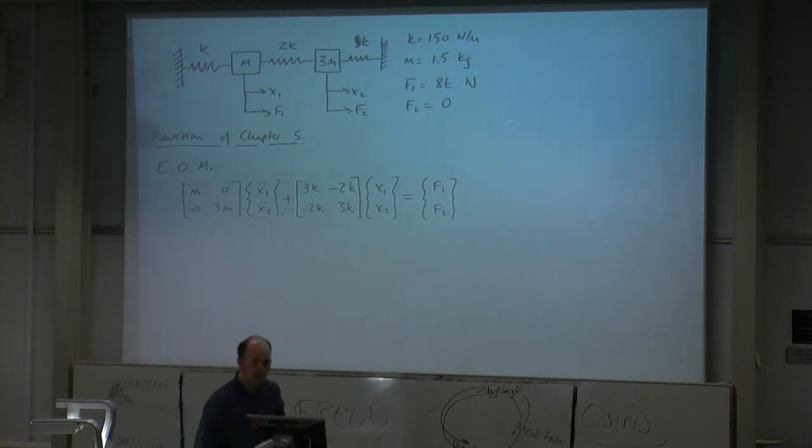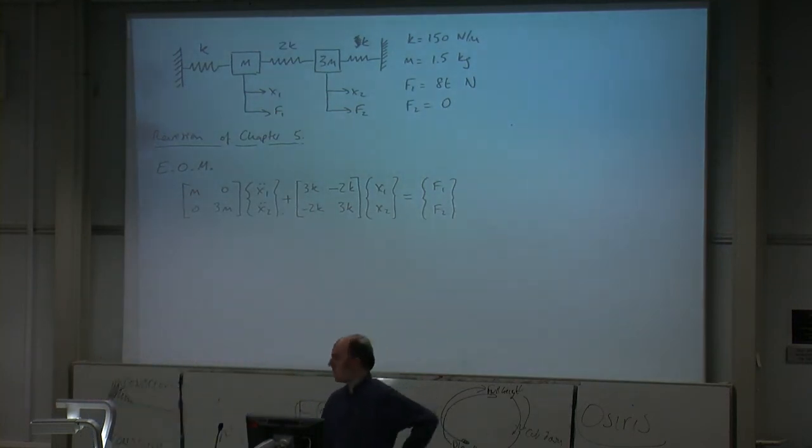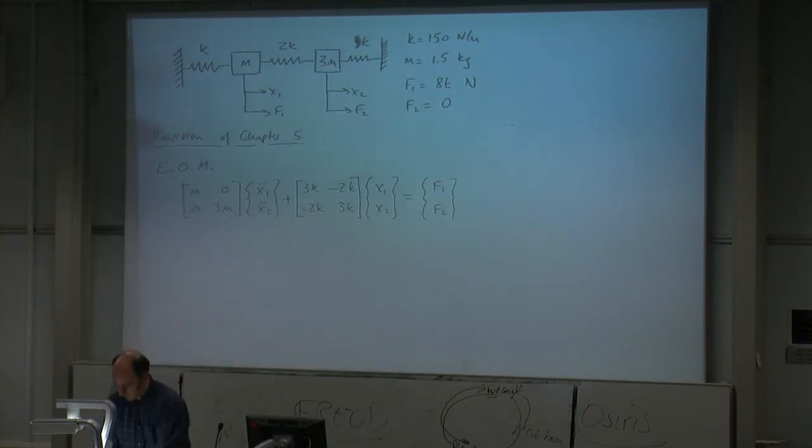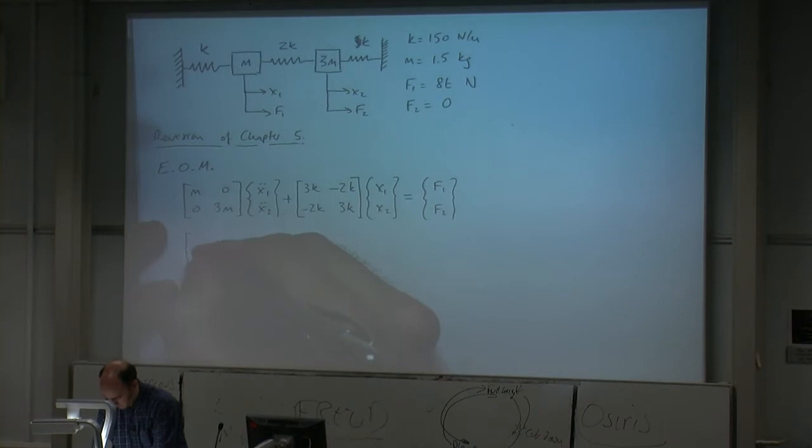So there's the equation of motion in terms of variables. And since we've been given some values for m and k and F1 and F2, we can rewrite this with the actual values in. So I'm just going to rewrite this with our value of m being 1.5.